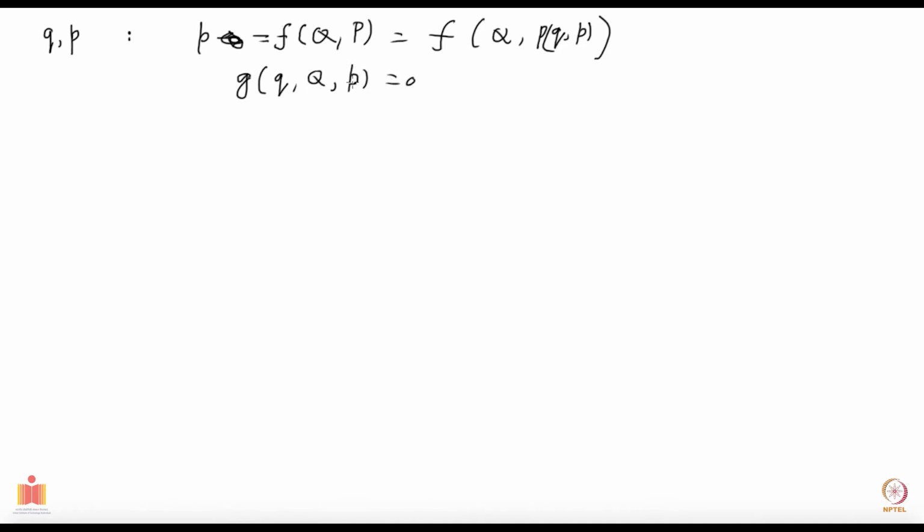And from this you can determine your small p as a function of small q and capital Q, which means that instead of taking Q and P as independent, you can take small q and capital Q as independent. Again, you can run the same argument for any other two coordinates. So that's what we are going to utilize now.